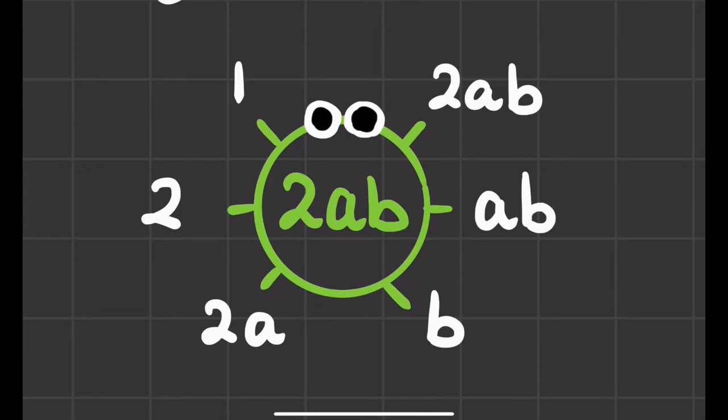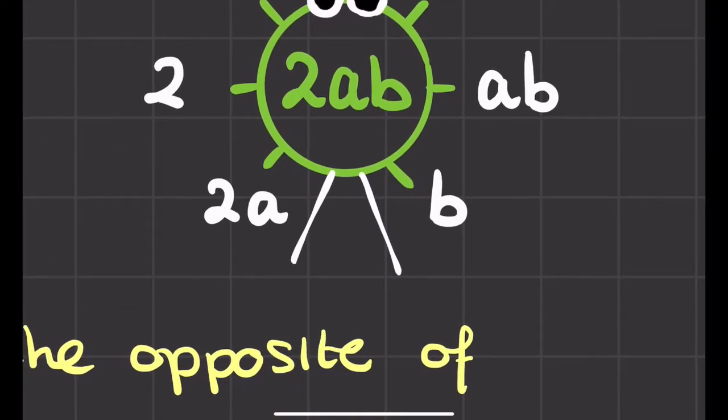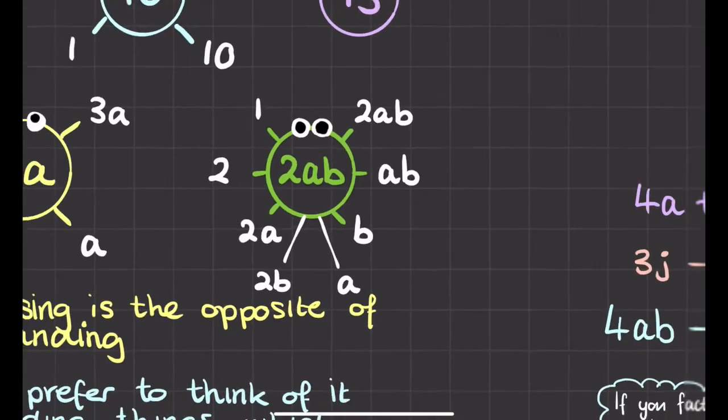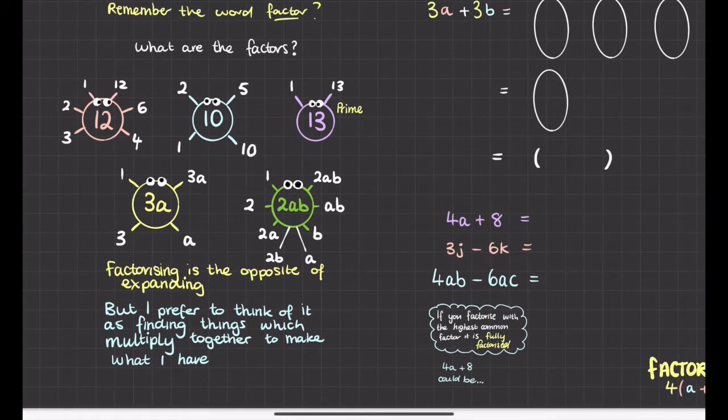Actually, I've noticed another one that we could have there. I need to add an extra leg. I'll put the extra legs here. I could even have 2b and a. So there's lots of different factors there. These are going to be really useful for us when we are trying to factorise.